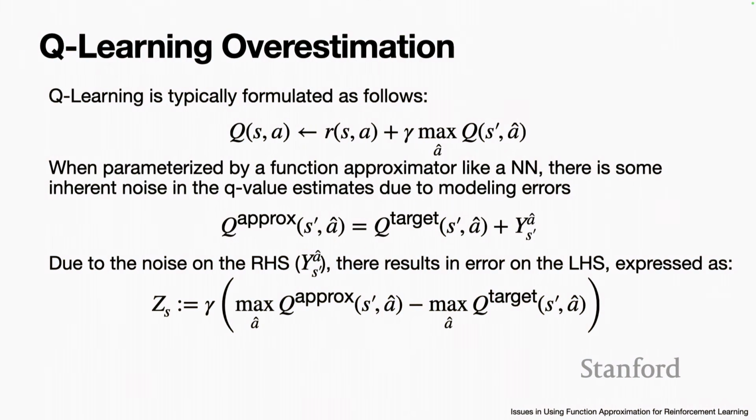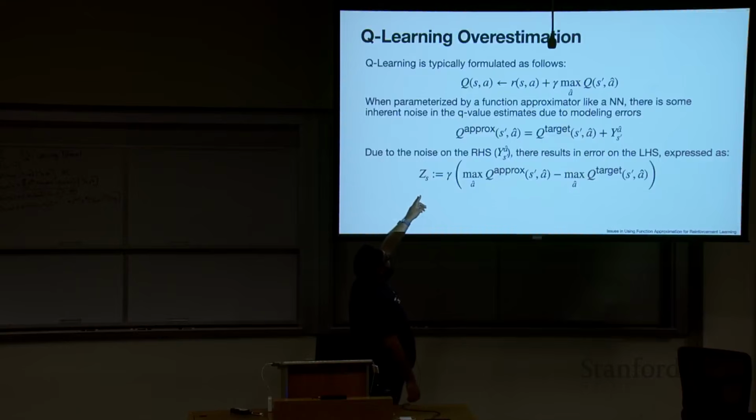What we'll see is that if there is noise on the right-hand side when we're trying to predict a target, this actually transfers pretty badly to the left-hand side. What we're looking at on the left-hand side is what the Q values would look like after one step of iteration, and how that differs from the true target value.